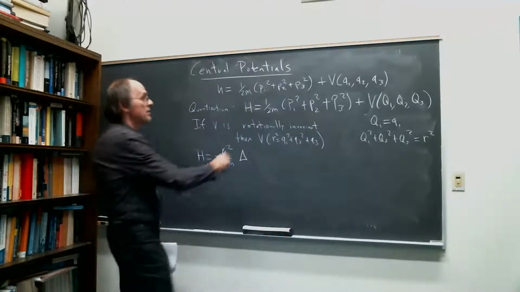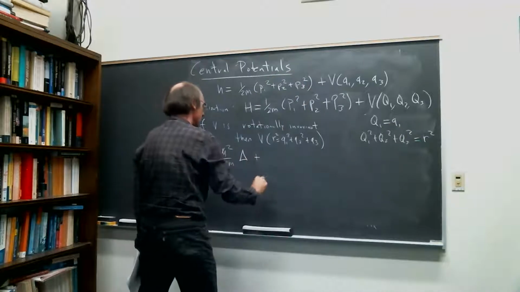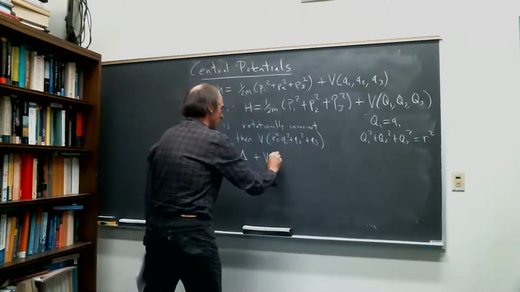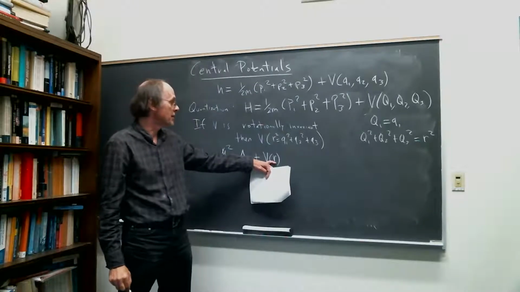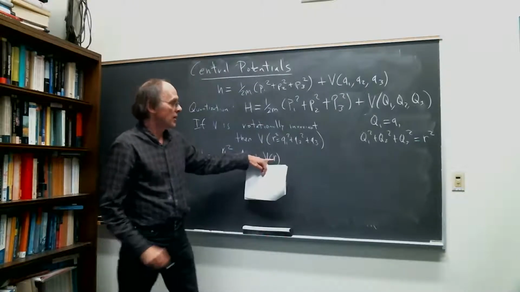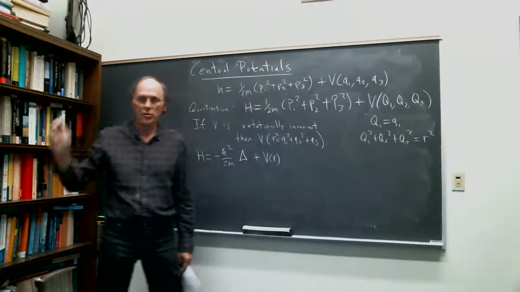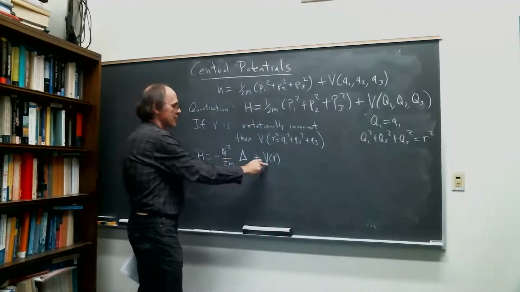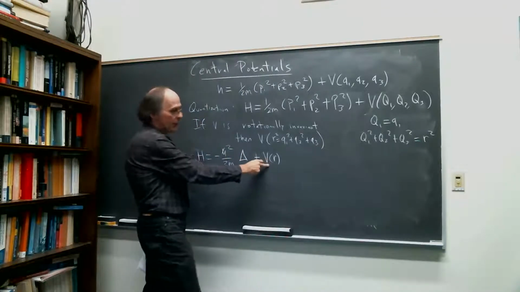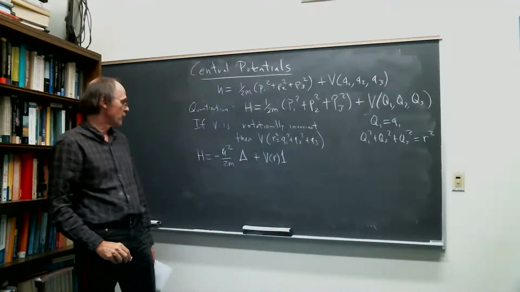And then this term in the position space representation is just the multiplication operator by V of R, some function of the sum of the squares of Q1, Q2, and Q3, times an identity operator.